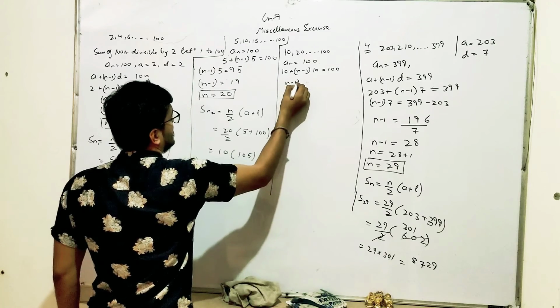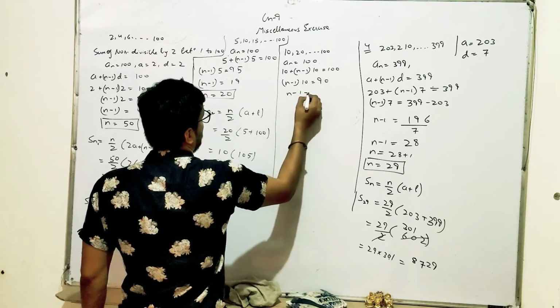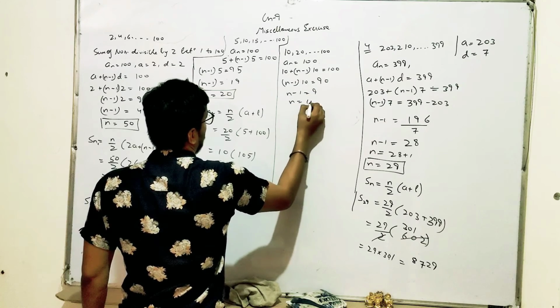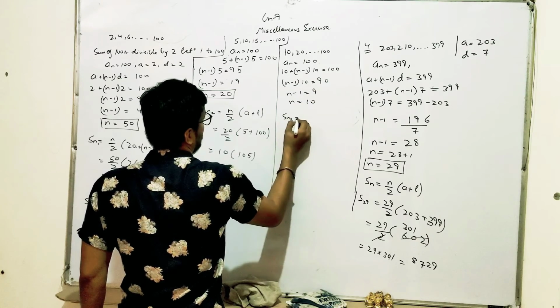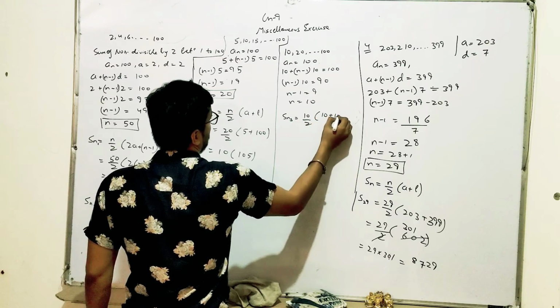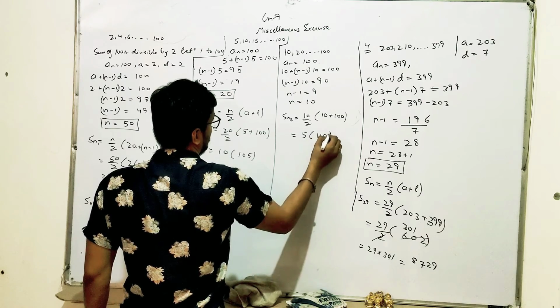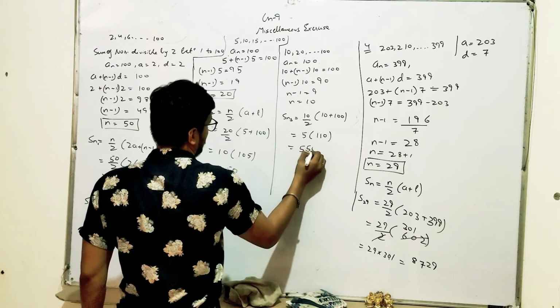So n minus 1 times 10 is equal to 90. So n minus 1 is equal to 9. So n is equal to 10. So Sn3 is equal to 10 upon 2 times a plus l, right? 5 times 110, which is 550, right?